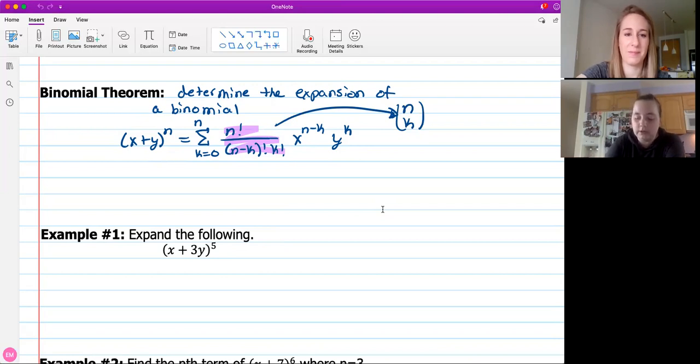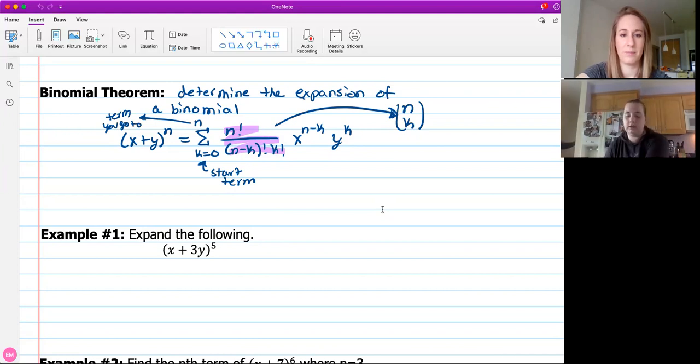Okay, so K here is your start term, because remember this is just a summation. N is the term you go to. So when you're expanding binomials, for each term, that's what K is.